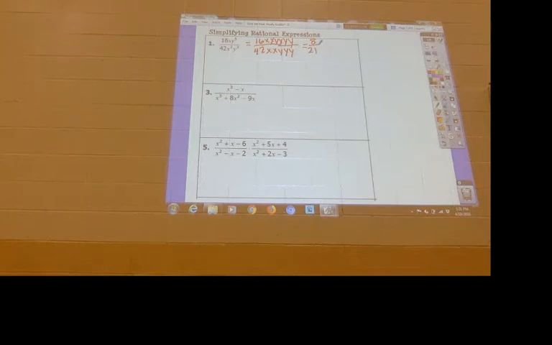Well, variable-wise, who remembers the quotient rule of laws of exponents? Quotient means divide. You subtract them. So I could do it old school with the expansion here and say, okay, this x cancels out, this x cancels out. That's a y. Then this y cancels.